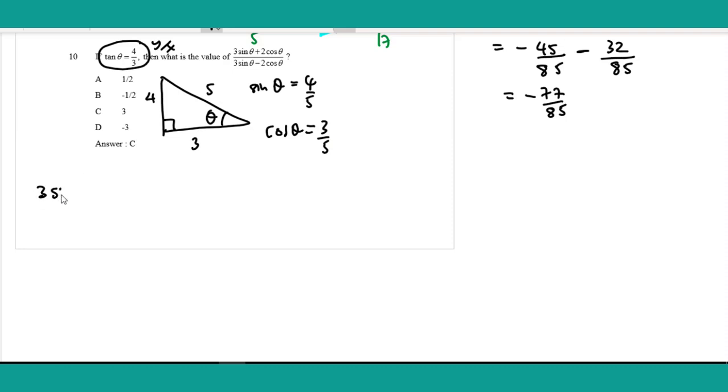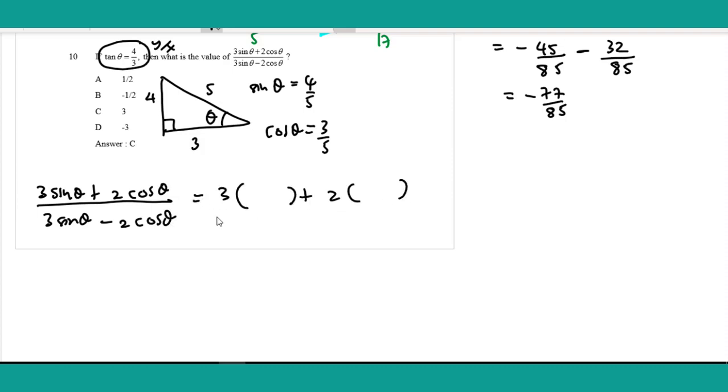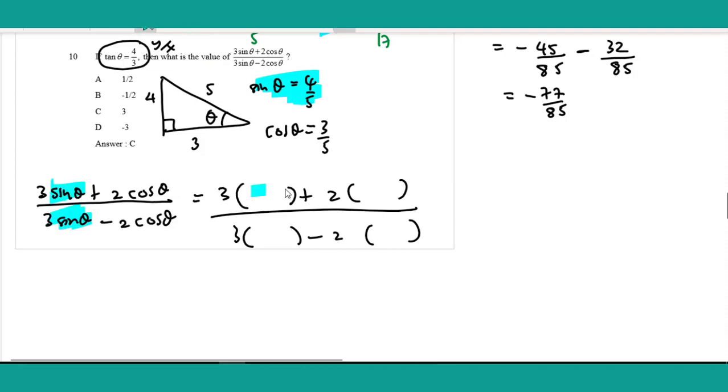So 3 sin theta plus 2 cos theta over 3 sin theta minus 2 cos theta is equal to... sin theta is equal to 4 over 5.